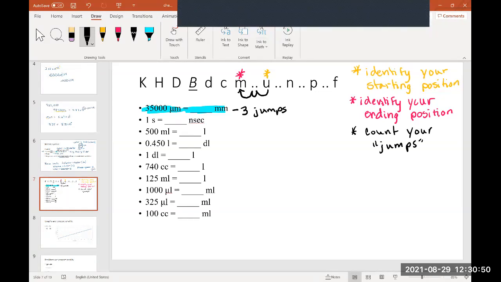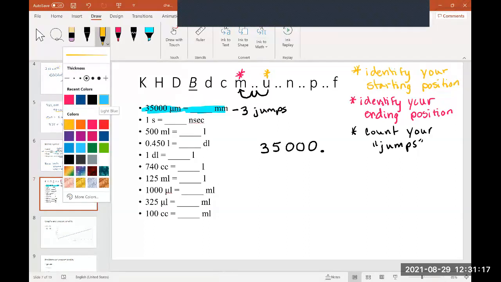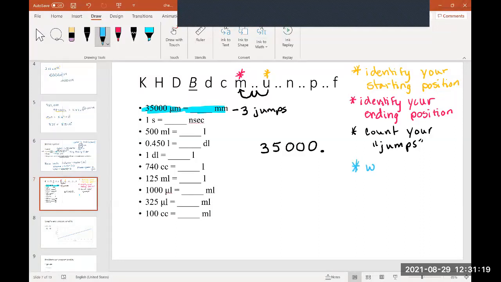Okay, so let's do that. Let's rewrite this. 3, 5, 0, 0, 0. It's not written, but where is the decimal point? It's at the end of this number. So I need to jump 3 positions. Which way do I need to jump? Count your jumps. And our next step is, which way did you jump?